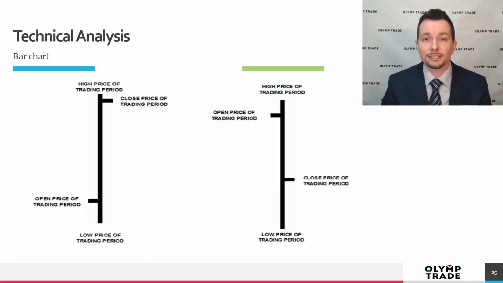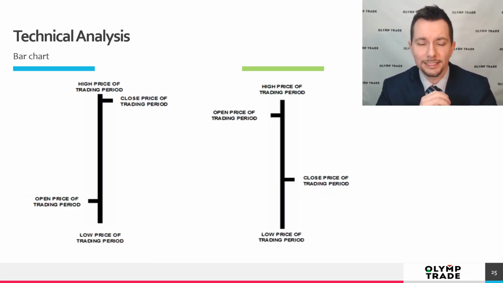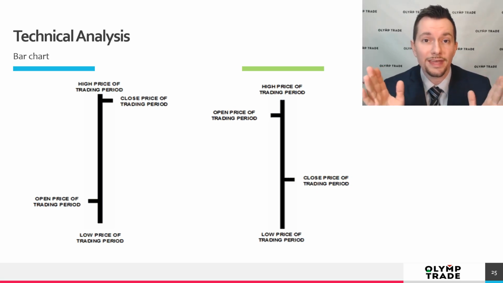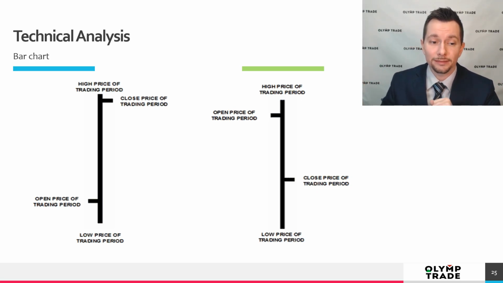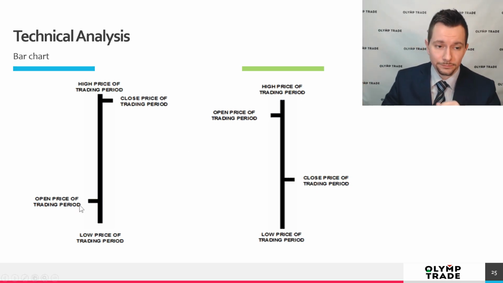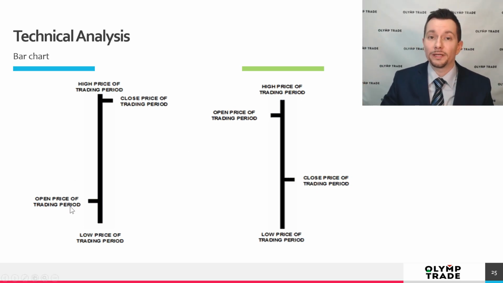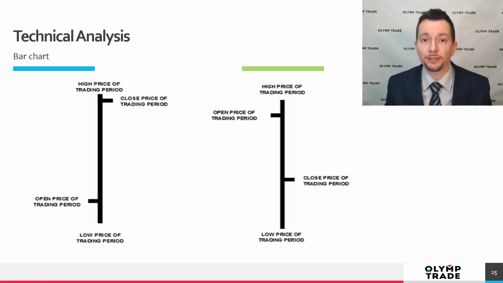Now, let's discuss this a little bit more in detail. Here are bar charts of a bullish direction and a bar chart of a bearish direction. They're not color-coded, so it's not that easy for you. But basically, here we have the opening price for whichever trading period, say an hourly time frame.